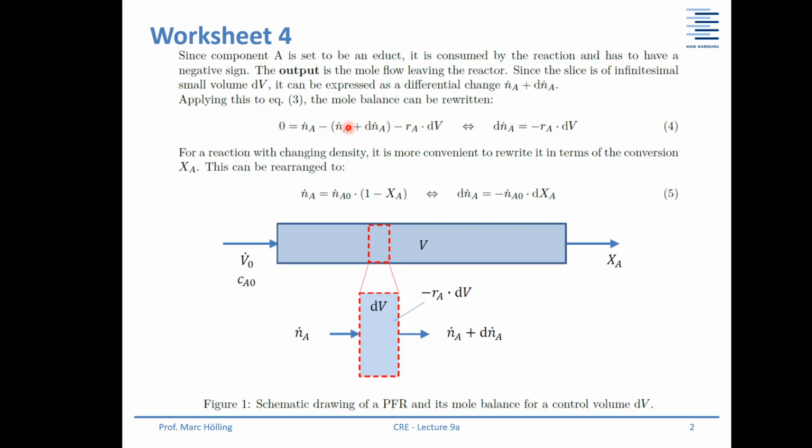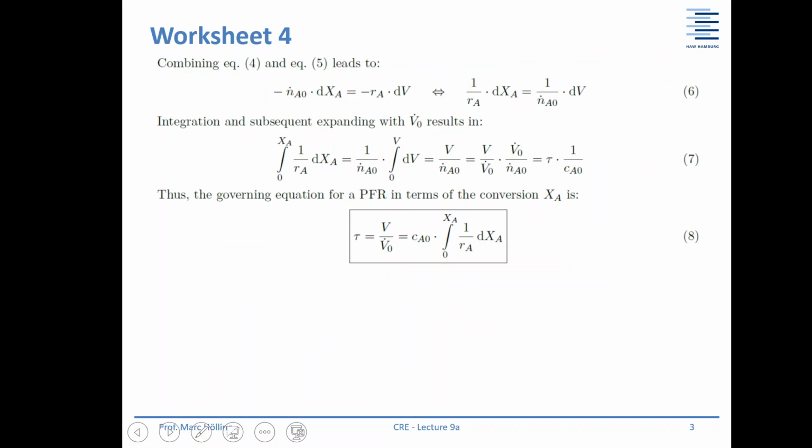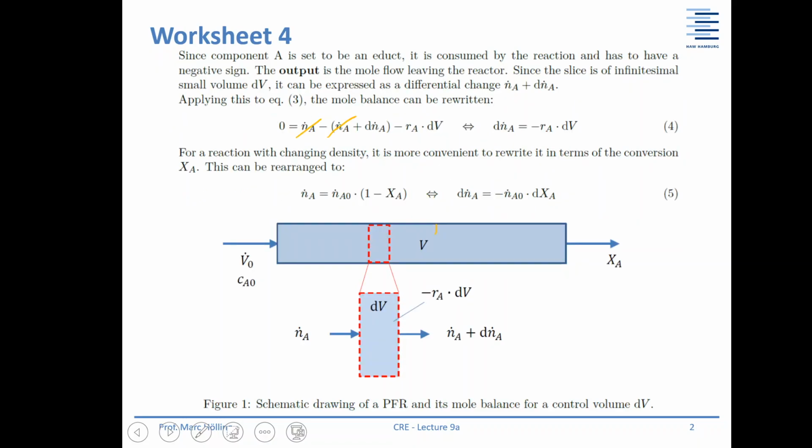The mole flow of A cancels out, and then you can rearrange your equation: the change in the mole flow of component A is the reaction rate times the very small volume. Then you have a governing equation, a differential equation that you can try to solve.